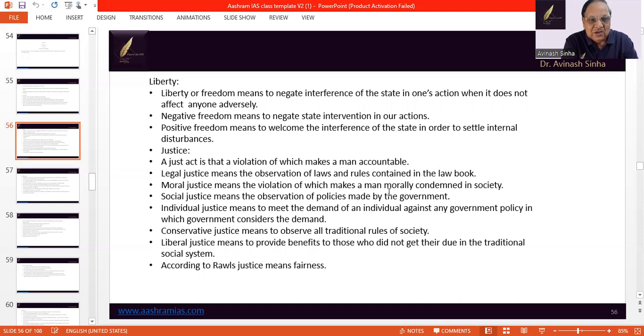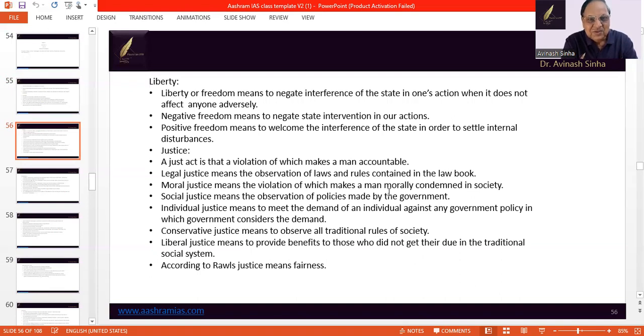Now, there are two kinds of freedom, negative freedom and positive freedom. Negative freedom means to negate state intervention in our actions, and positive freedom means to welcome the interference of the state in order to settle internal disturbances.